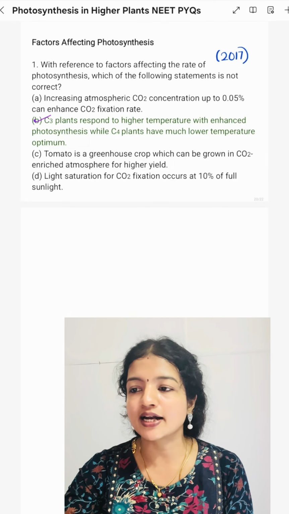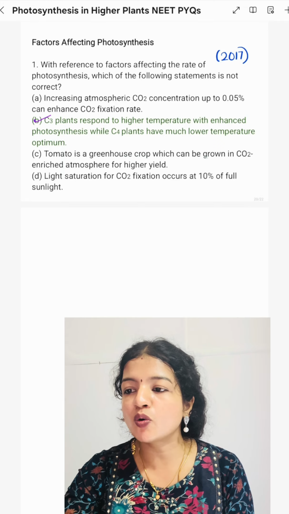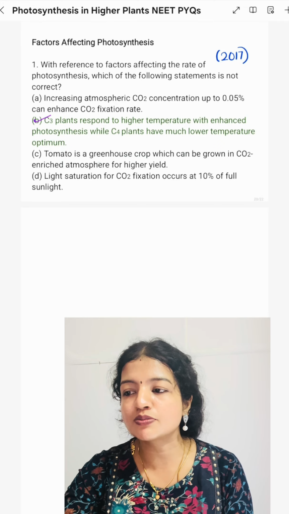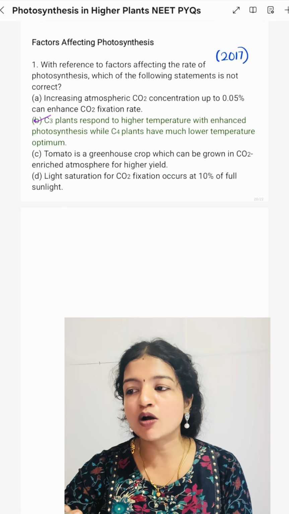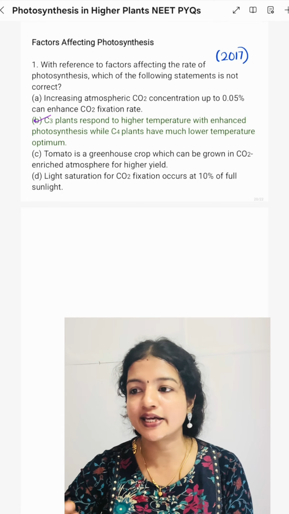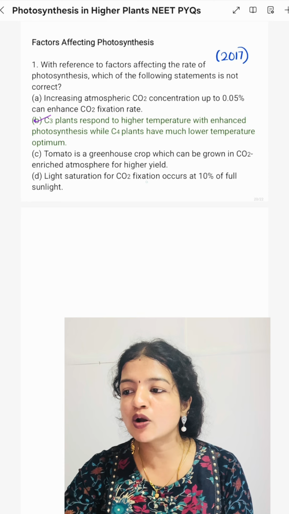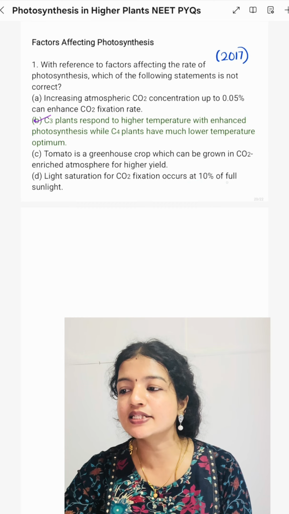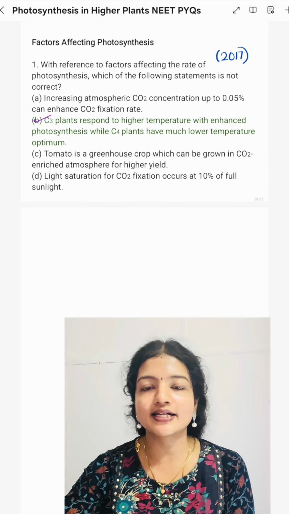This statement is correct. Statement C, tomato is a greenhouse crop which can be grown in carbon dioxide enriched atmosphere for high yield. Tomato and bell peppers, such greenhouse crops are grown in carbon dioxide enriched atmosphere for high yield. This is also correct. And statement D, light saturation for carbon dioxide fixation occurs at 10% of full sunlight. This is also correct. So statement B is the incorrect statement.